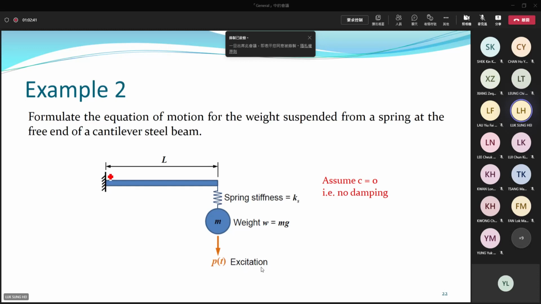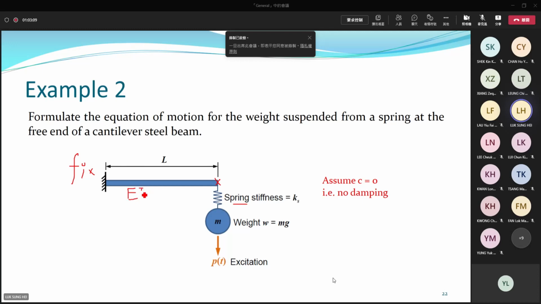We have a beam, cantilever beam. This end is fixed. The other is free. On the right-hand side of this beam, it's attached to a mass, a concentrated mass through a spring. And then from the picture, you can see that spring has a spring constant. The beam length is L. The beam should have its flexural rigidity.